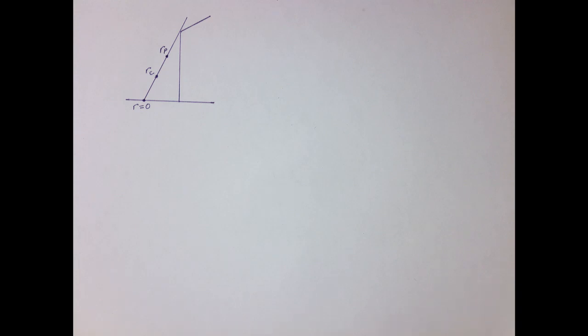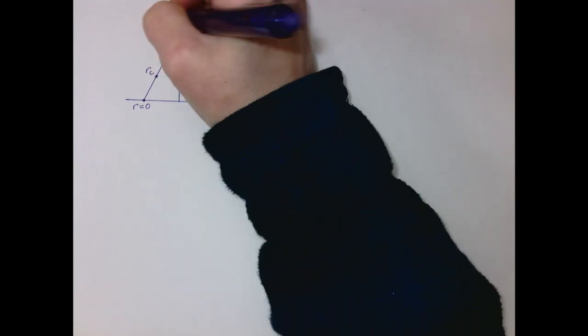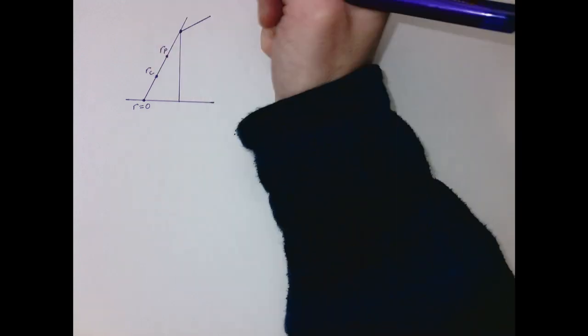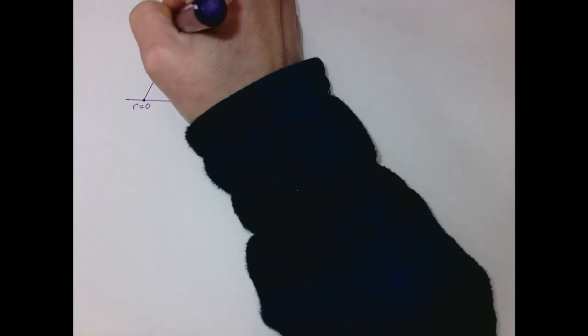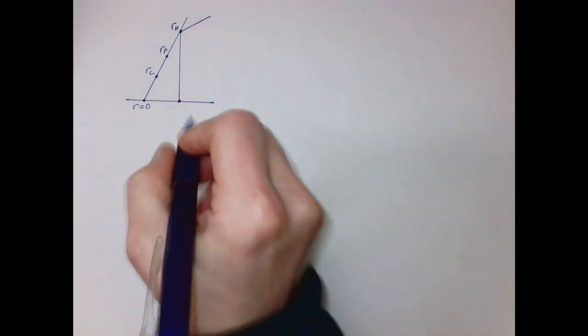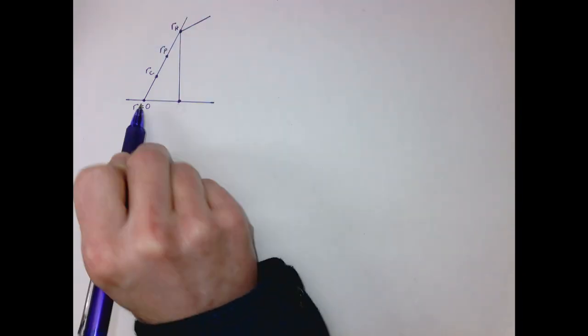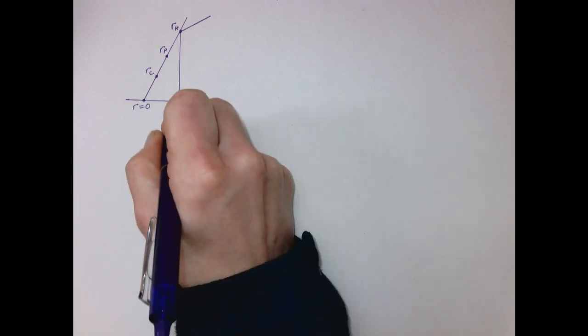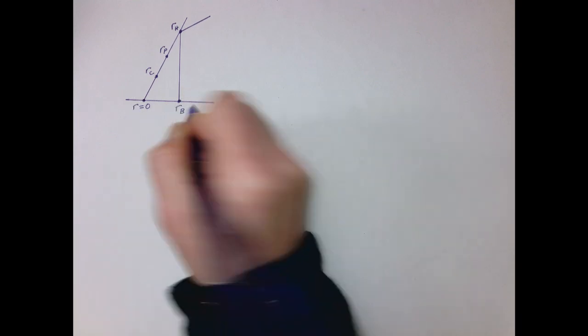We're also given the distance from the base of the ladder to the point where the ladder contacts the gutter. Since this is a corner of the house, we'll just call this r sub h for the position where it contacts the house. We're also given the distance from the base of the house to the bottom of the ladder. We'll call this r sub b.